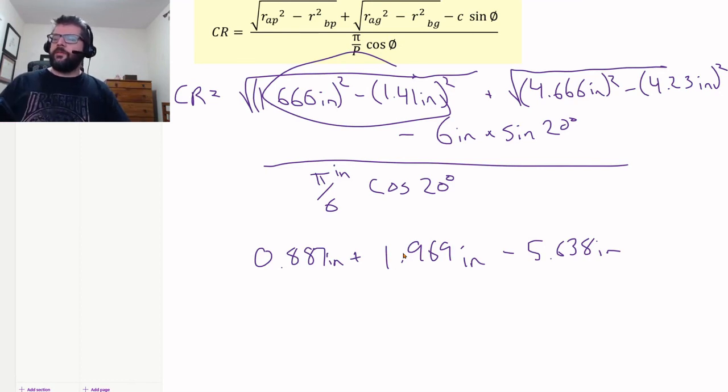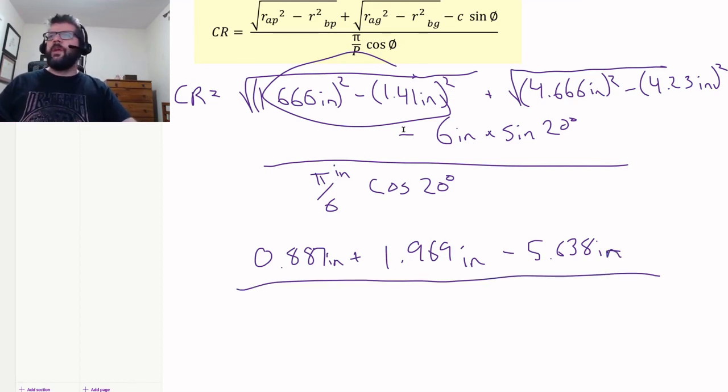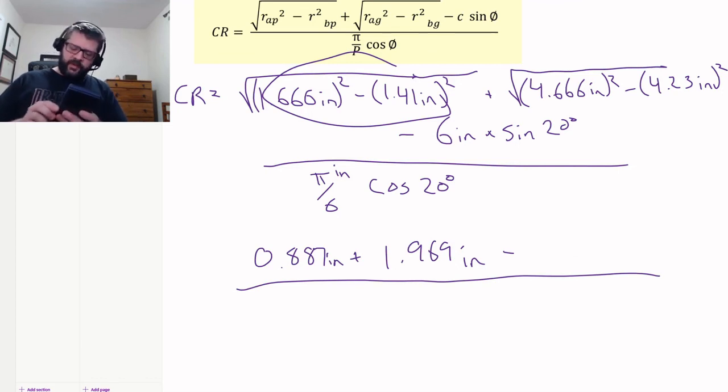Wait a second. I screwed up there. I plugged in cosine instead of sine on this term. 6 times sine 20 degrees. There we go. That's far better. Minus 2.052.